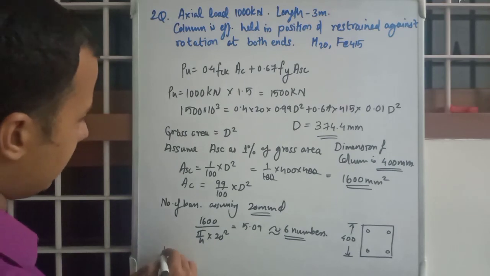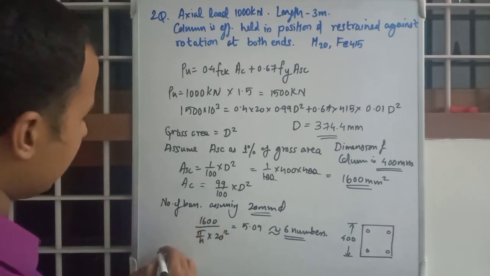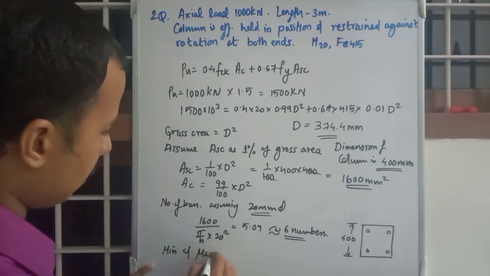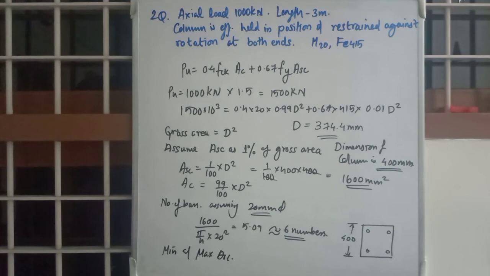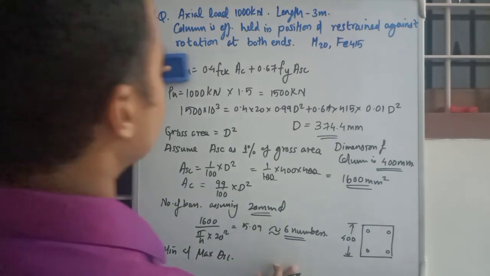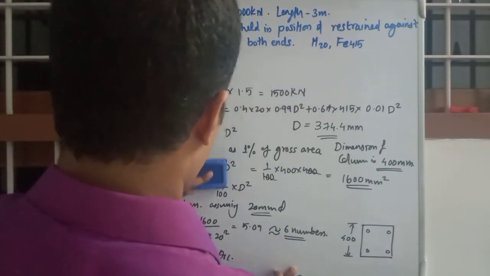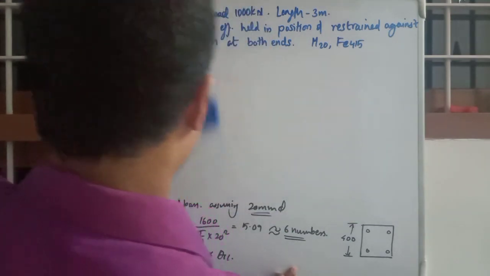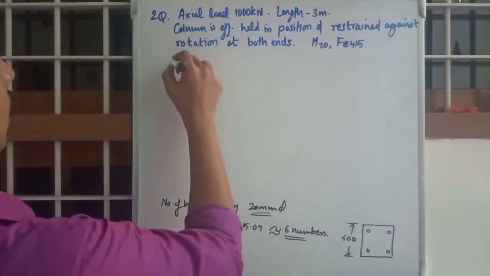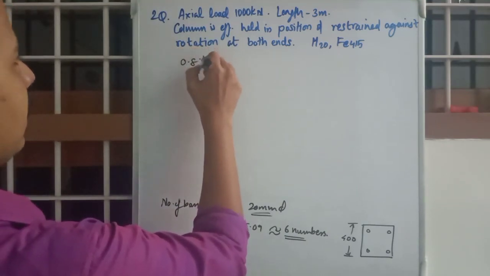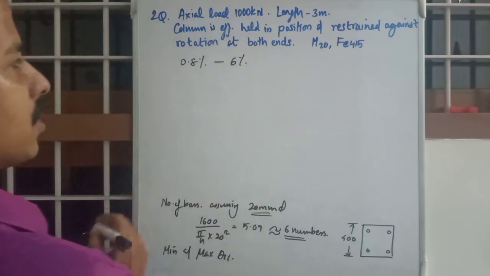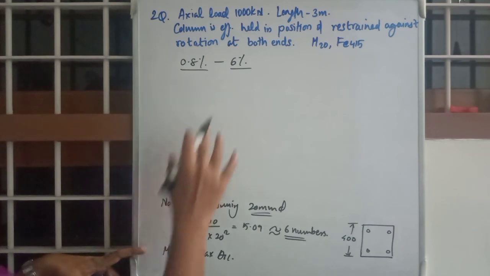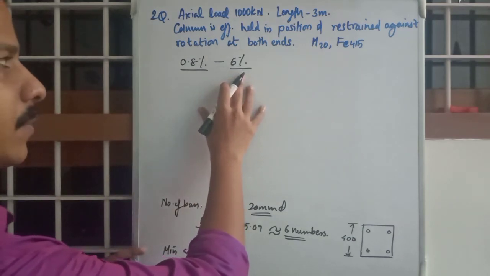Before that we need to check for minimum and maximum Ac, that was 0.8% to 6%. This was minimum Ac and this was maximum Ac for any column reinforcement.